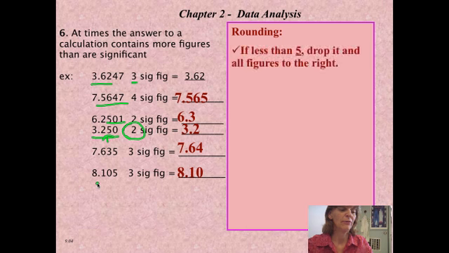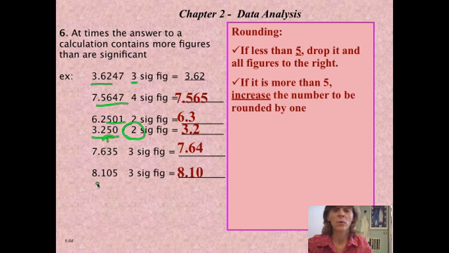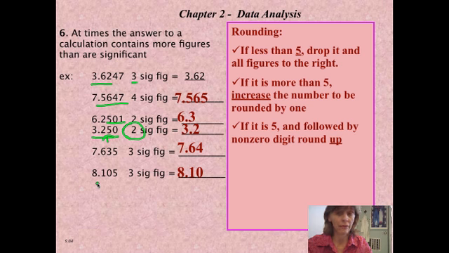For rounding, if it is less than a 5, you drop it, just like you would expect. If it's more than a 5, then you increase the value that you're rounding off to. But if it is a 5 alone, with no other digits after the 5, or is followed by a non-zero digit, you round up.